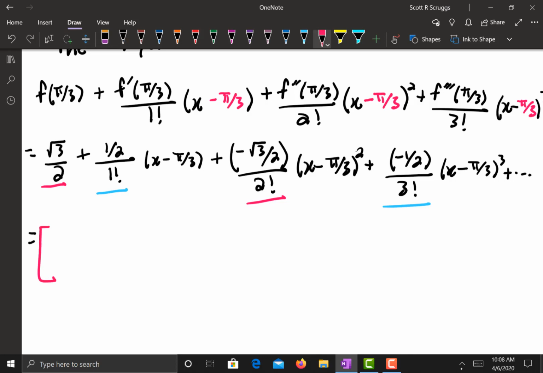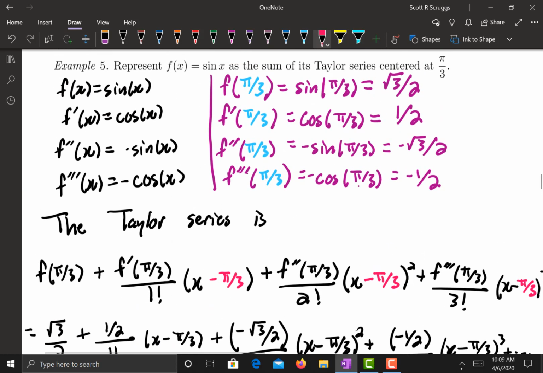So that means I'm going to group together all the coefficients with root 3 over 2. So root 3 over 2. I'm going to now group this one in pink. And because I have a fraction in the numerator, I'm going to rewrite that as root 3 over 2 times 2 factorial, x minus pi over 3 squared. And I expect when I get to the fourth derivative, remember, fourth derivative of sine is sine again.